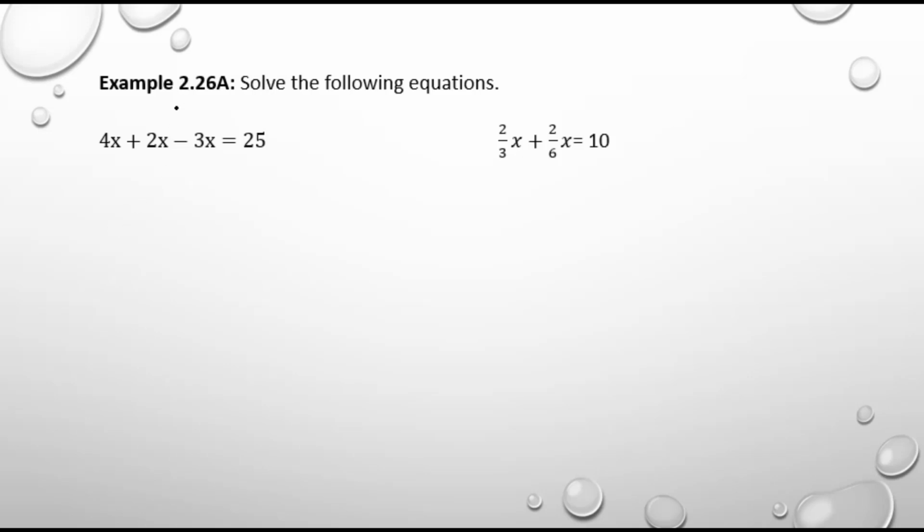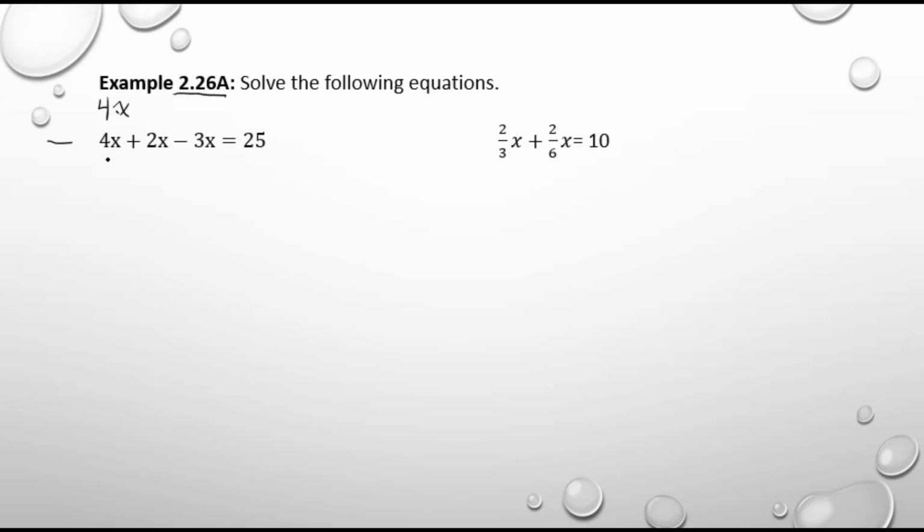So welcome 2.26a. Hey, algebra. The funny thing is, algebra is nothing more than an extension of numeracy and basic math. So recall that 4x means 4 times x, right? They're just too lazy to put the times sign between them.